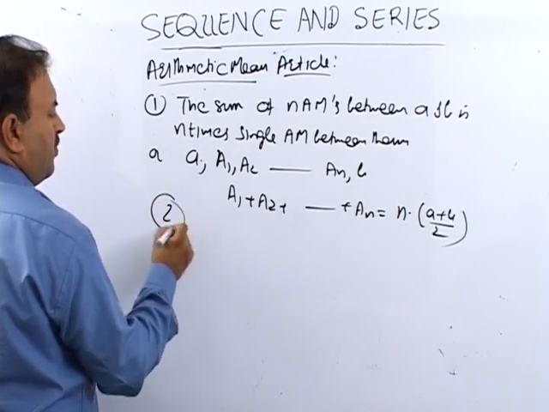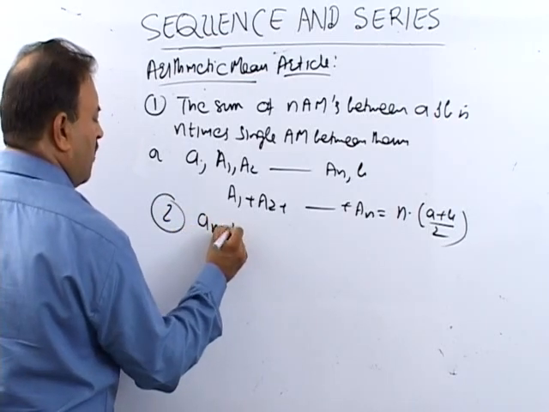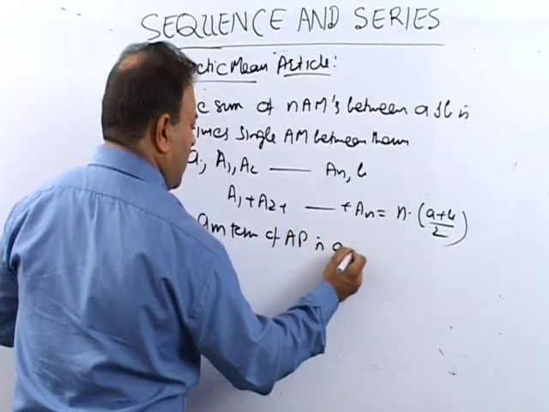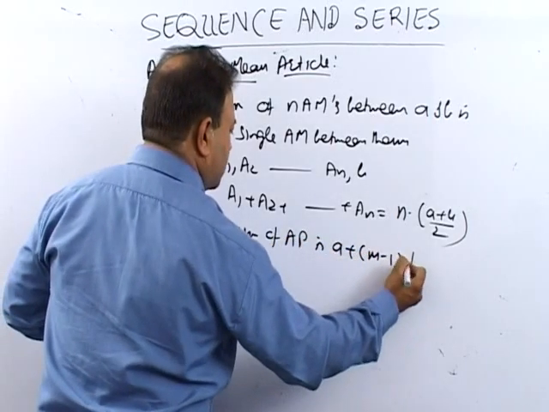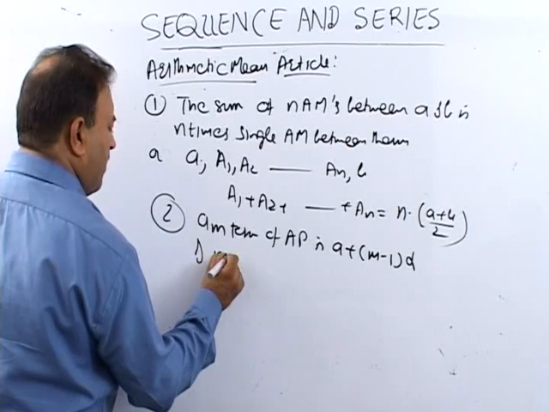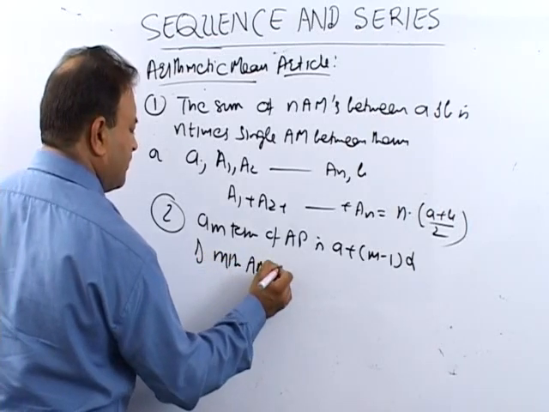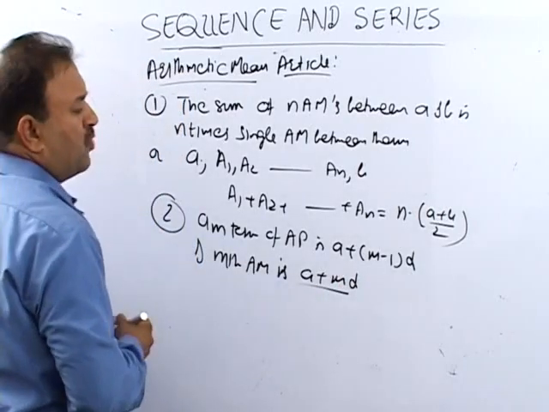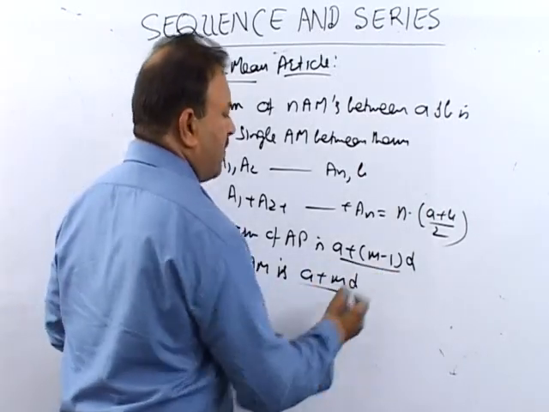Point number 2: the mth term of an AP is a plus (m minus 1)d, and the mth arithmetic mean is a plus md. Do not get confused in this, these are two separate things.